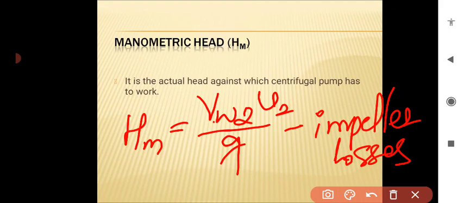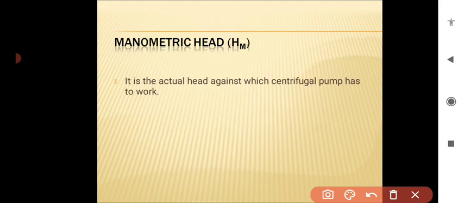And one more, the fourth one. The fourth one is the manometric head as the total energy head at the outlet of the impeller minus the total energy head at the inlet of the impeller.